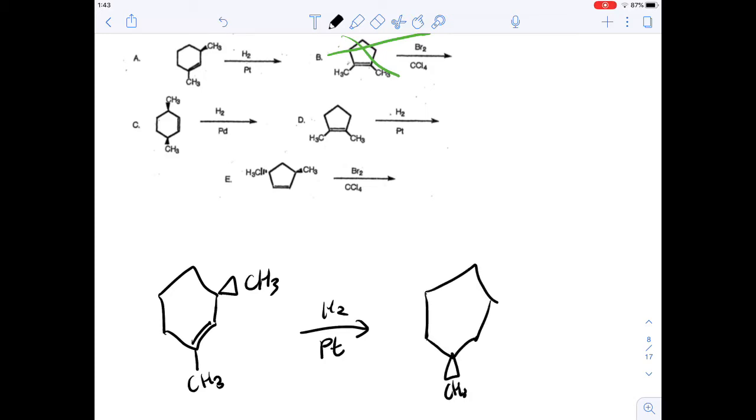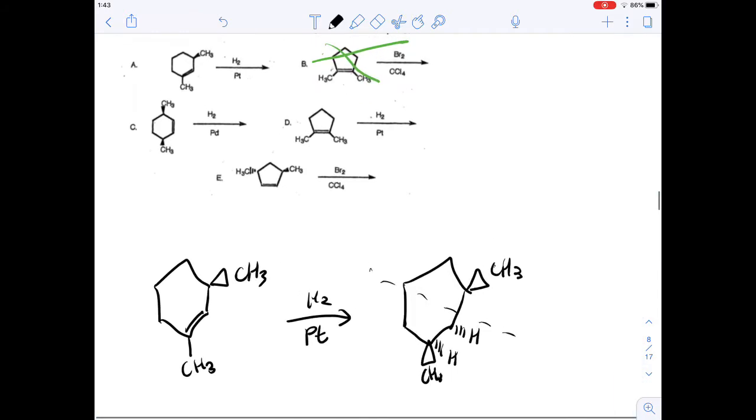So CH3 is on a wedge, H on a dash, H on a dash, CH3 on a wedge. Now this compound is not going to be meso because if you do the R and S designations, it doesn't work out for this one if you did it across this way. So let's move along.